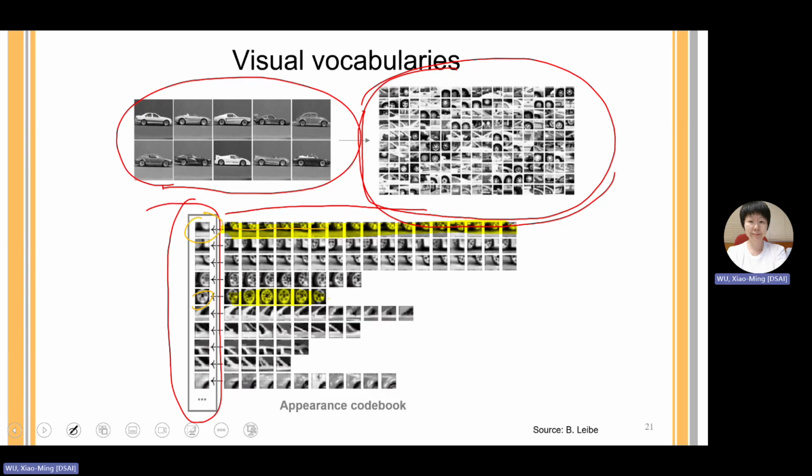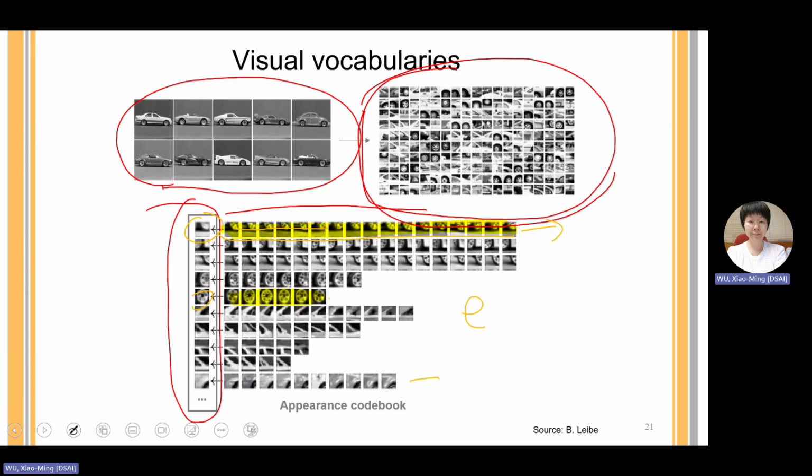For example, this is the visual word for the wheel, for the lower half wheel of the cars. And this one I'm not sure.